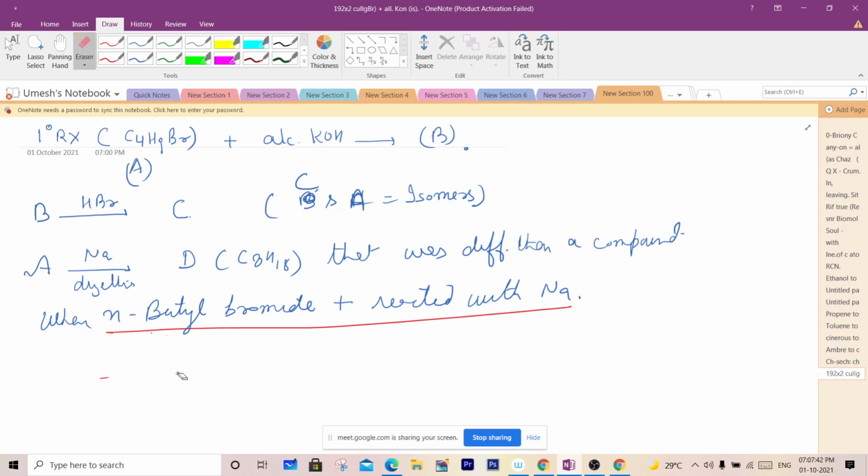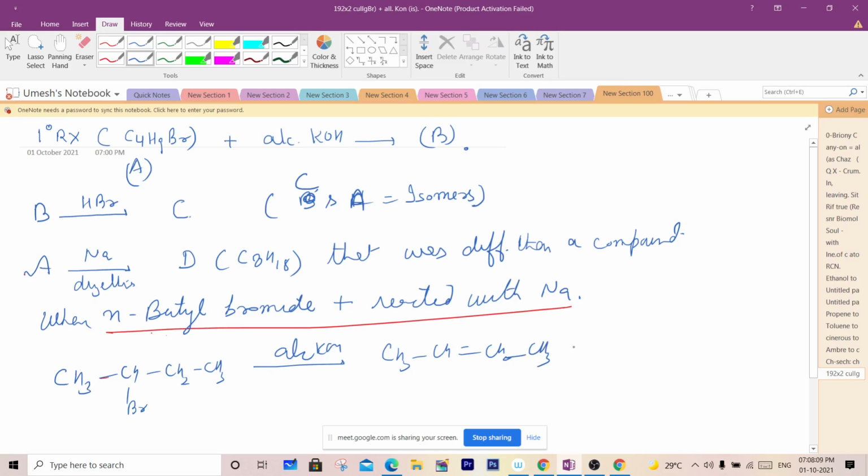A will be, sir, 2-bromobutane. 2-bromobutane. Okay, let us work with your statement now. If we take this molecule as A, with alcoholic KOH, what will it give you as a major product? It will give you butene, right?